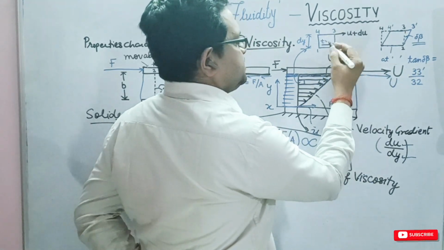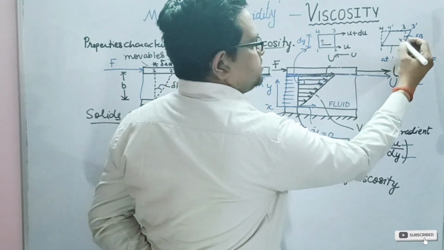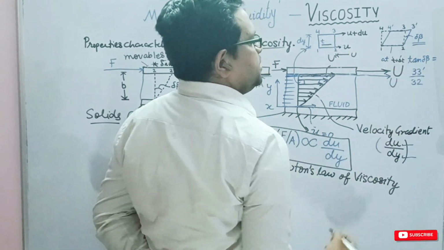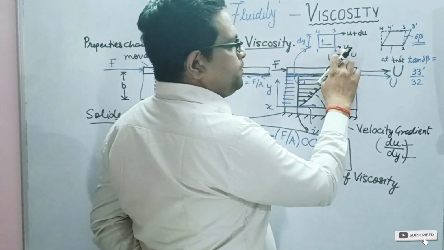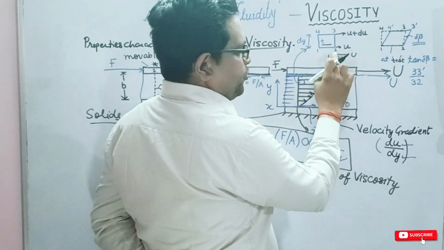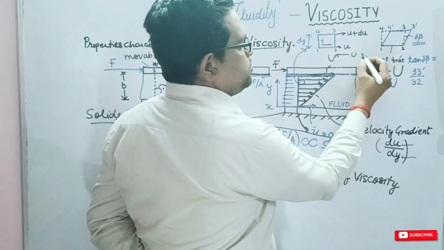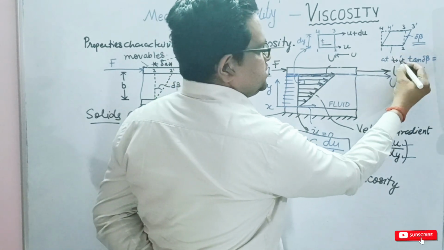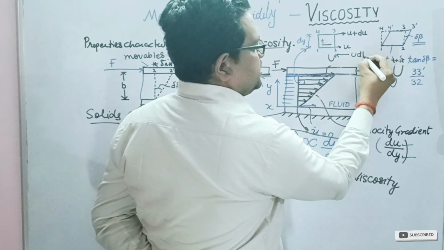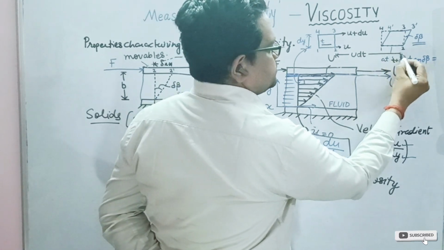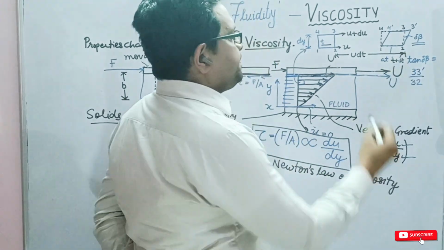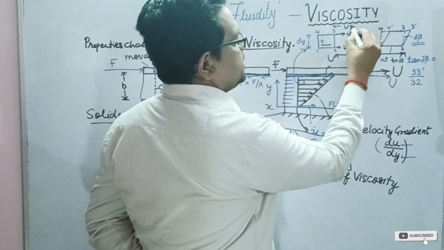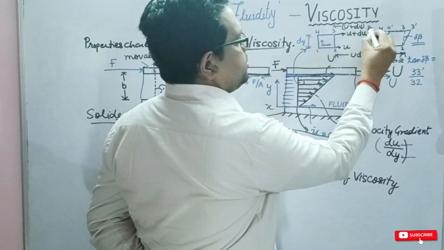So let us say that this is at time t, and here the situation is at time t plus del t for convenience. If this is moving with velocity u, the distance traveled between the points 2 and this 2 will be u dt. Similarly, you can also find the distance 3 dash, which will be equal to u plus du into dt.